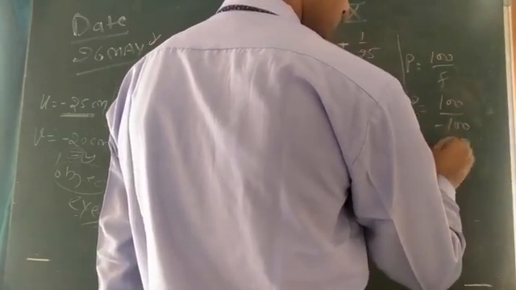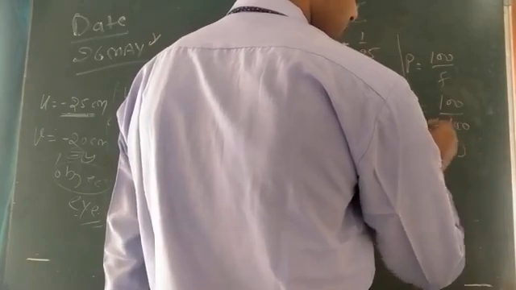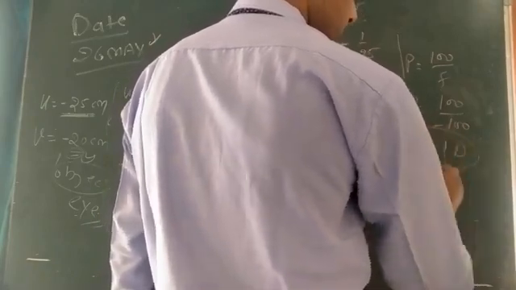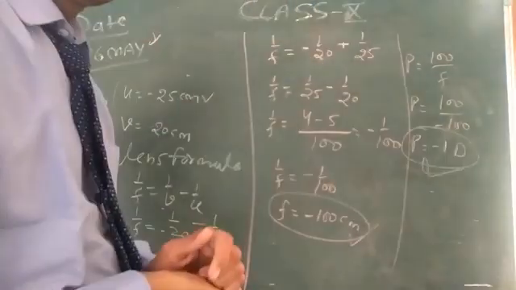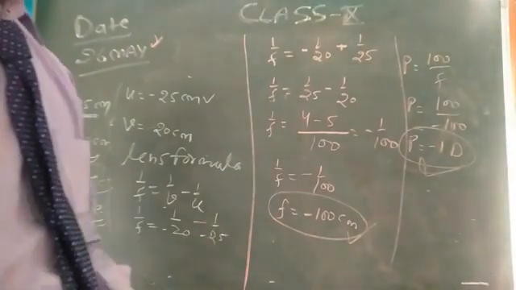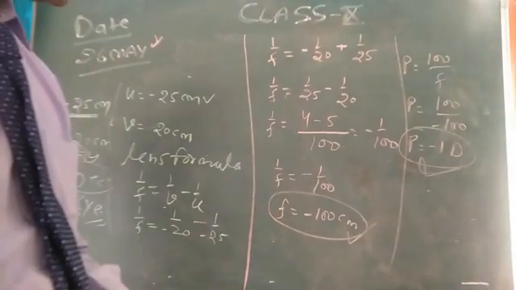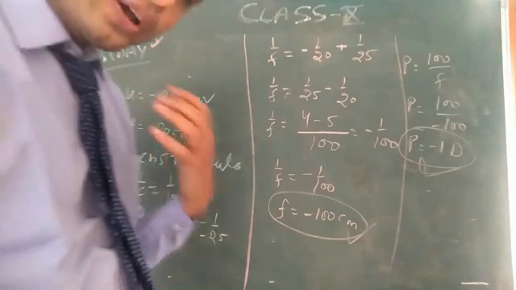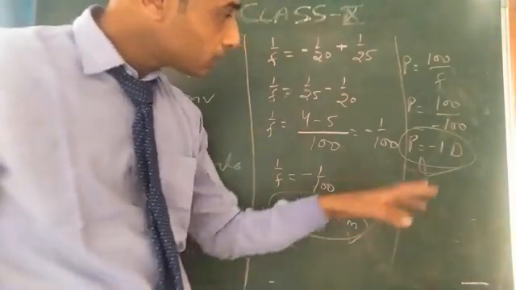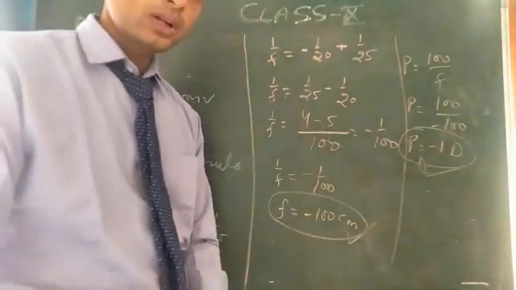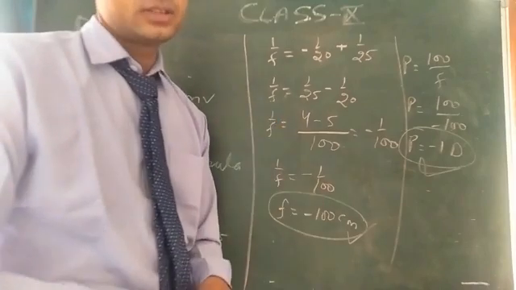So P equal to minus 1 D. It means the power of the corrective lens is minus 1 diopter. A concave lens of power minus 1 diopter is used to correct this defect.